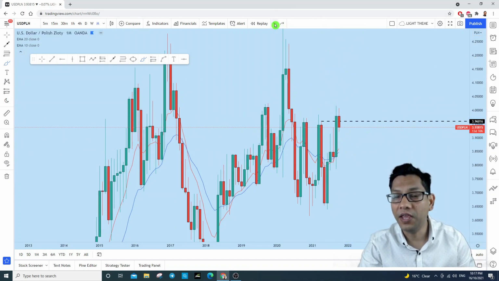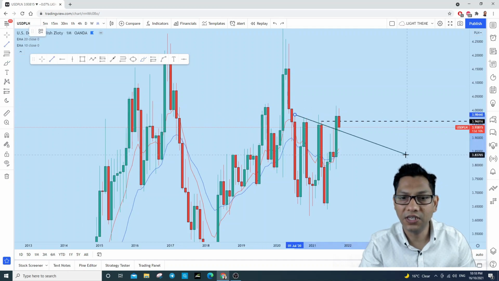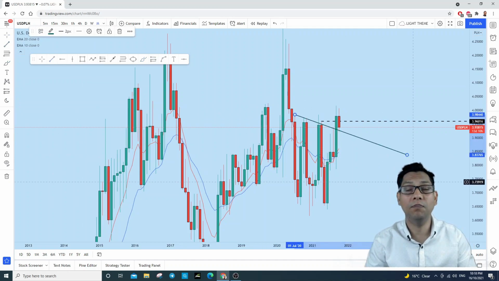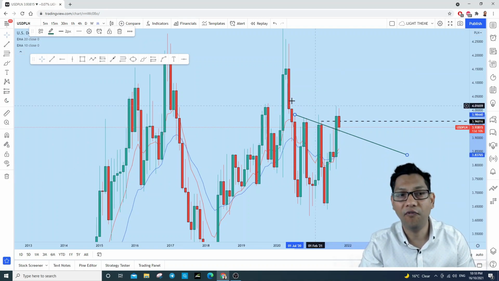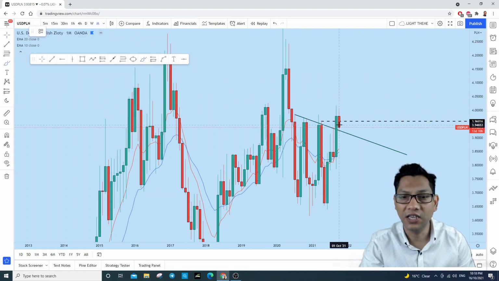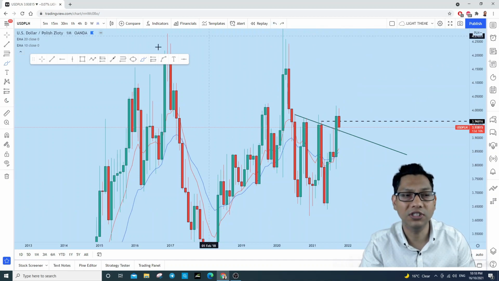From here, as you can see, it is currently just above this trend line, but in most cases this kind of breakout becomes a false breakout, and that is what we will take advantage of. If this breakout of the trend line to the upside is a false breakout, then we might see a significant drop from here to the downside on USDPLN.